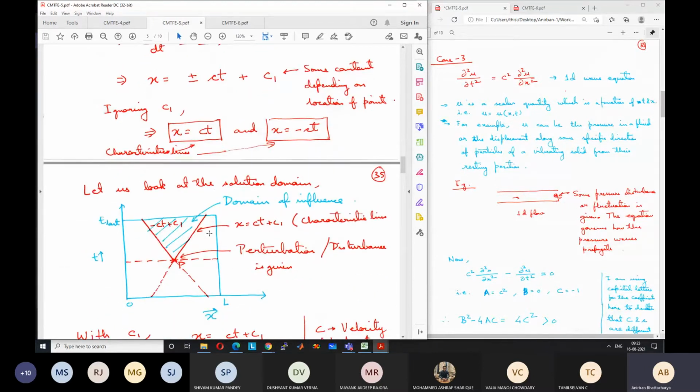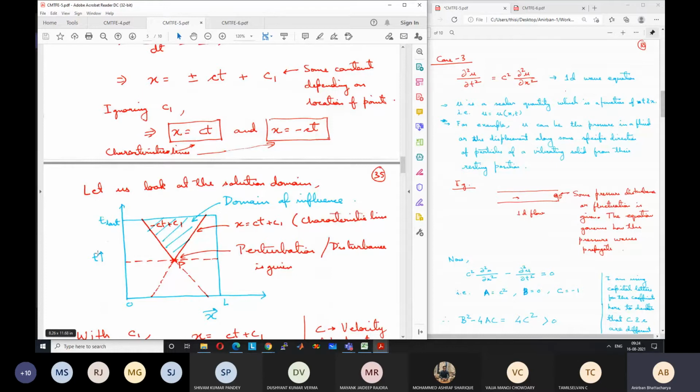Let us try to see what it looks like in the solution domain. So what is the solution domain? Again, it's a 1D problem, so x can go from 0 to some other value, say L. The maximum extent of x is L, the minimum extent is 0. Time can go from 0 to some time t last.